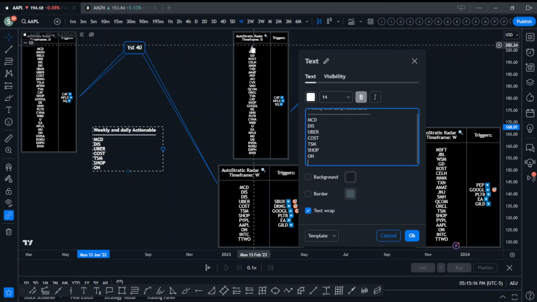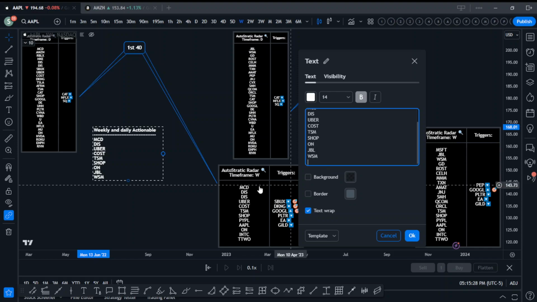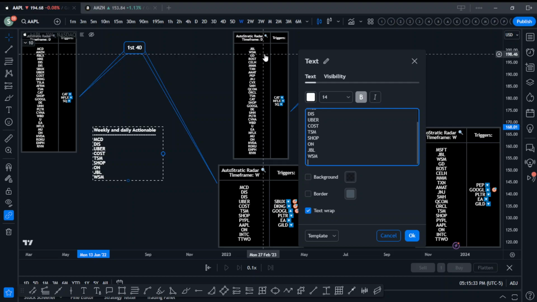Alright, so the next one we see JBL, Jabil, Williams Sonoma, yes. GD, a lot of these on there.